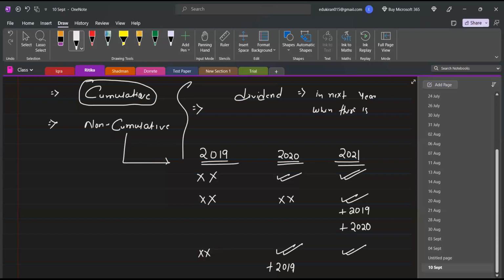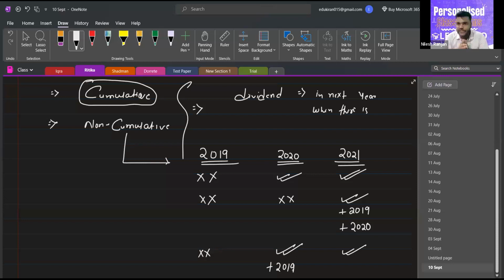Yes, sir. Got it. Okay, so this is the situation. If we have not paid any dividend due to insufficient profit in any year, then in the year of profit we will pay the dividend including the previous years also.